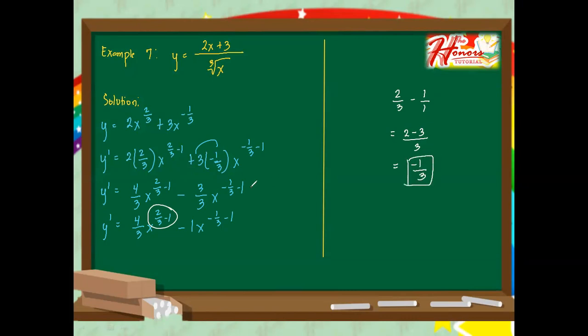Now the exponent should be negative 1 over 3. So y prime is equal to 4 over 3 x raised to negative 1/3 minus x raised to negative 1/3 minus 1.